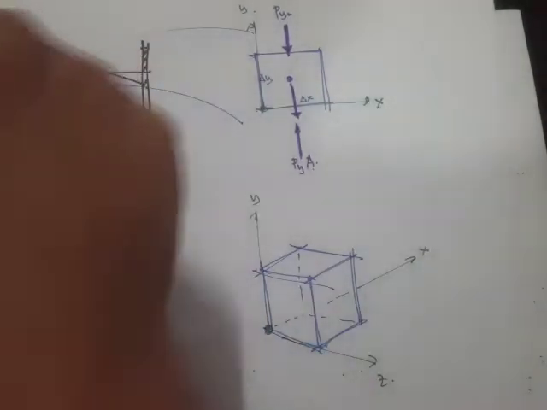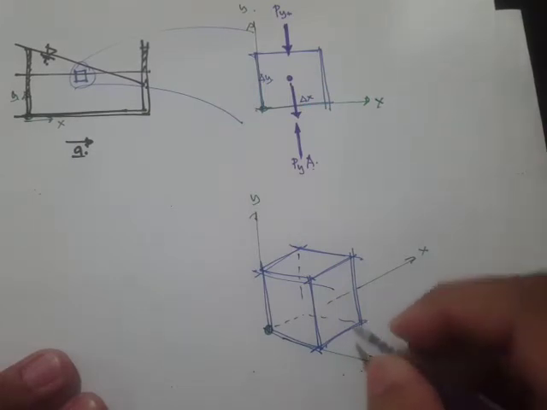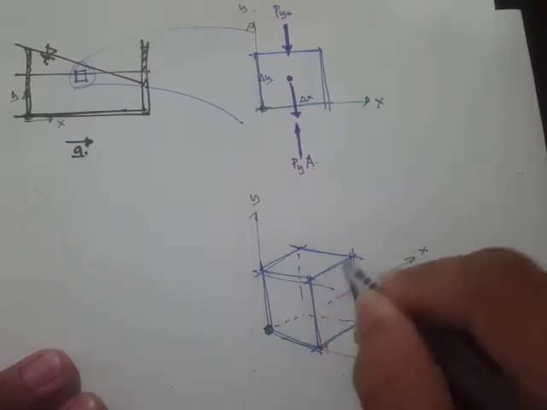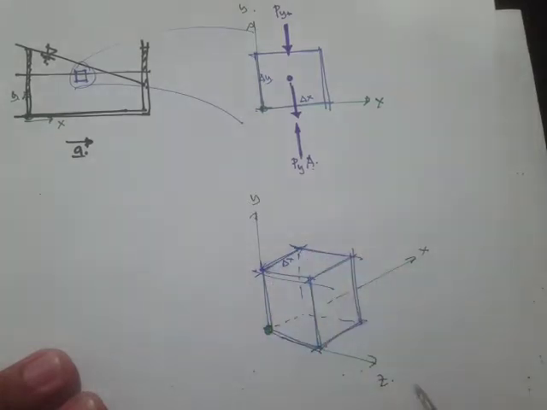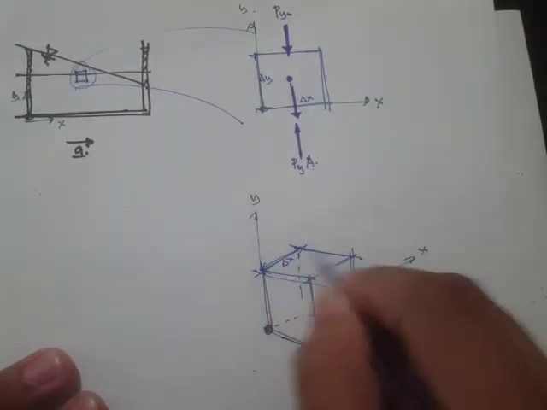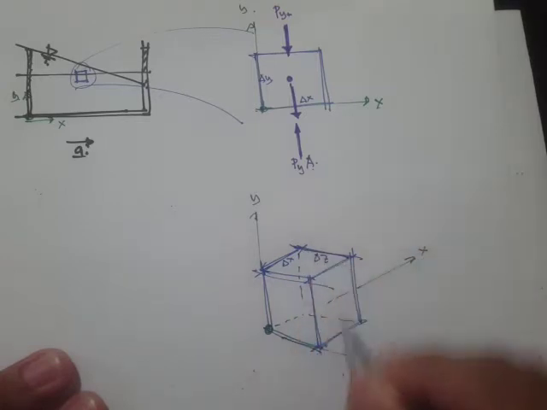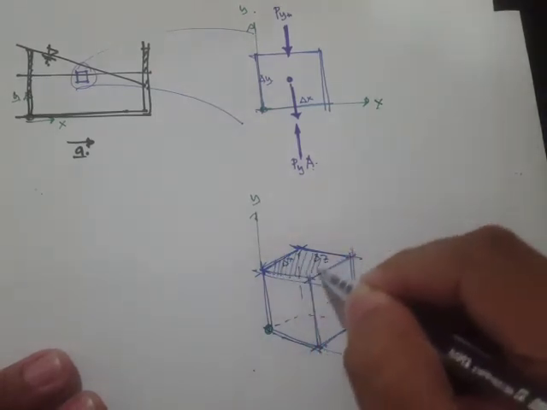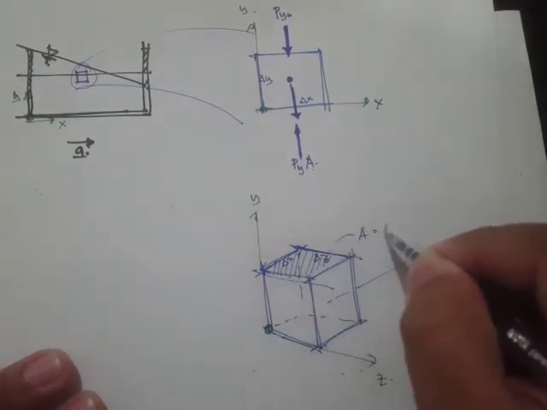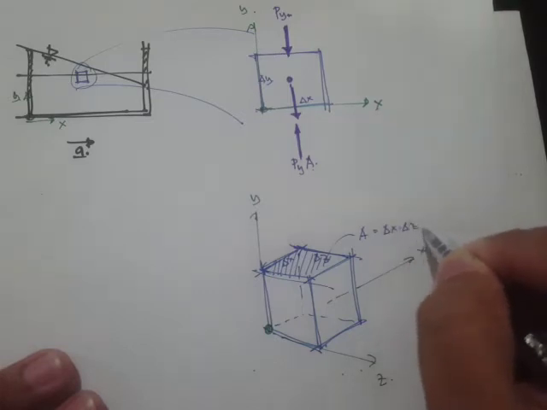Therefore the area: this distance is delta x, and this length is delta z, because that's along the z axis. So the area is simply delta x times delta z.